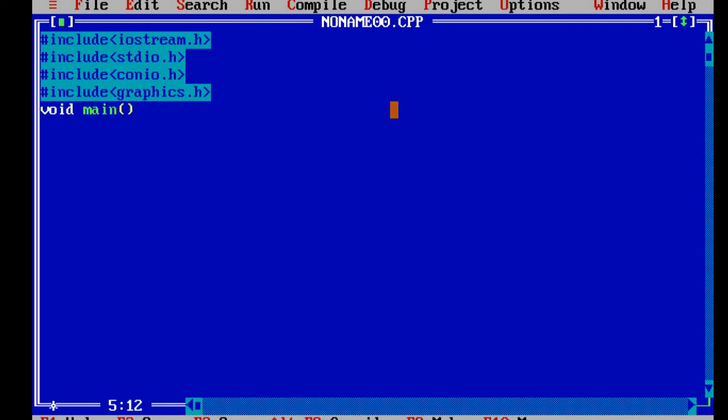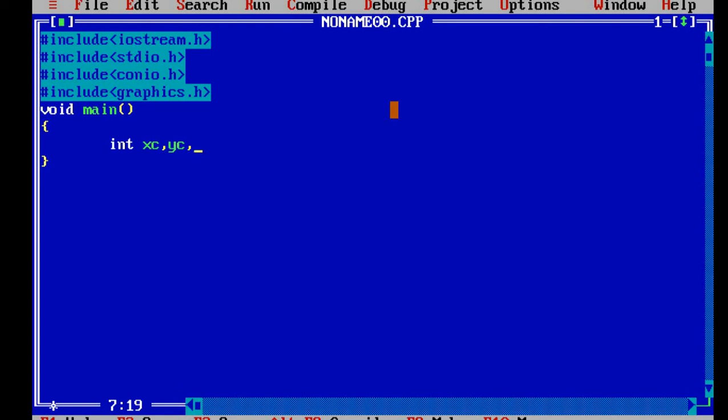So void main, brackets. In this we declare integer variables: xc and yc, which are the central coordinates of the circle that will be entered by the user.